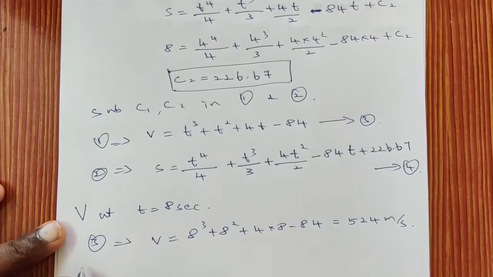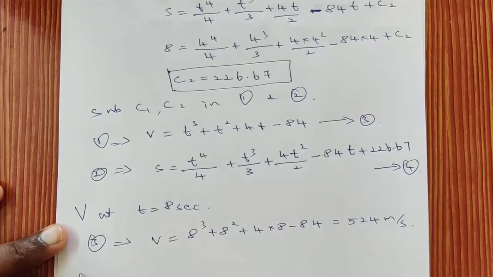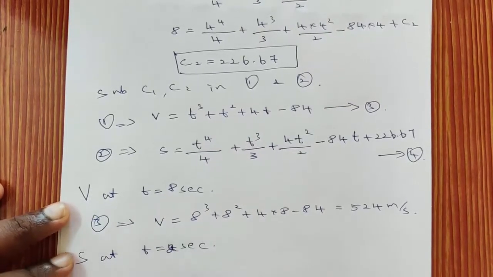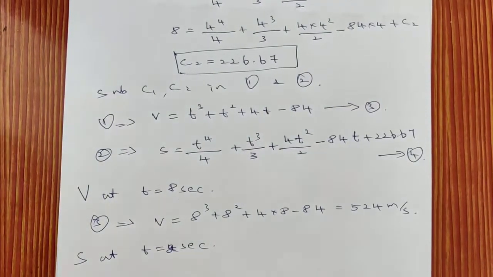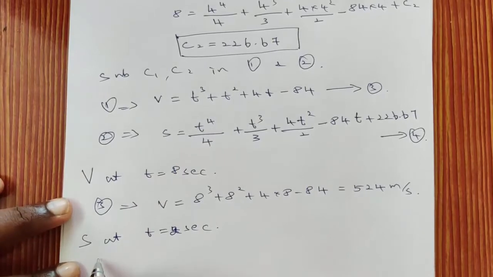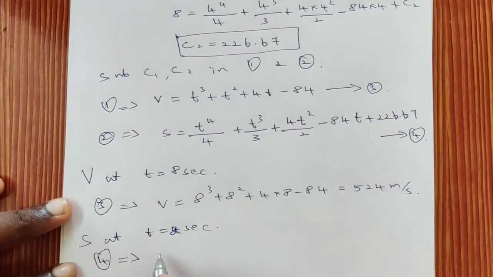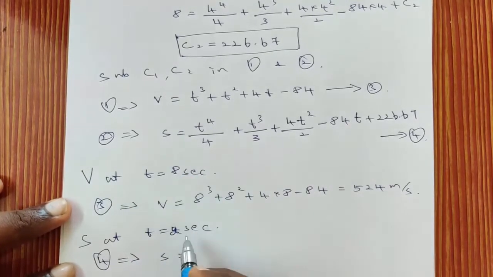Then the next one is we have to calculate the S at t is equal to 2 seconds. So the fourth is the equation for distance. So S is equal to, substitute t is equal to 2 in the fourth equation.